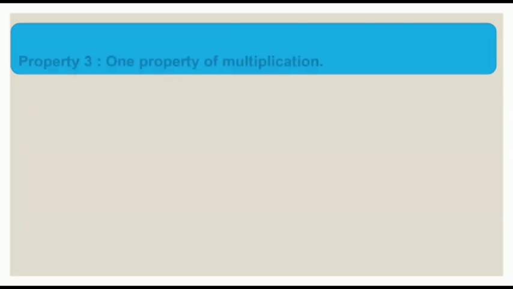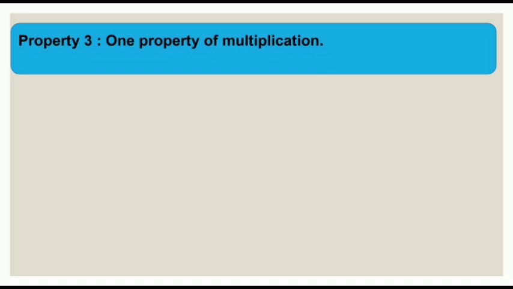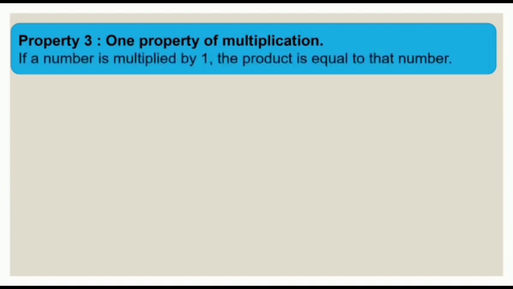Next, property number 3, that is one property of multiplication. Now let us see what is one property of multiplication. If a number is multiplied by 1, the product is equal to that number.